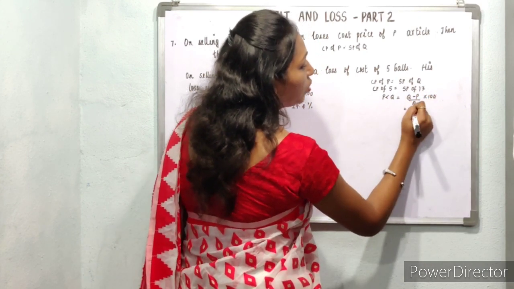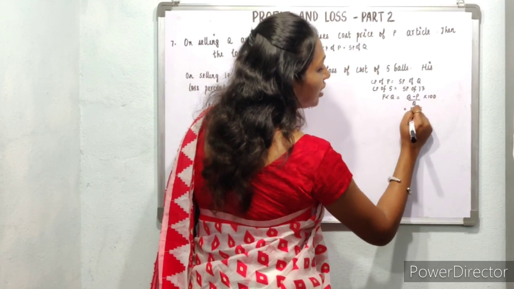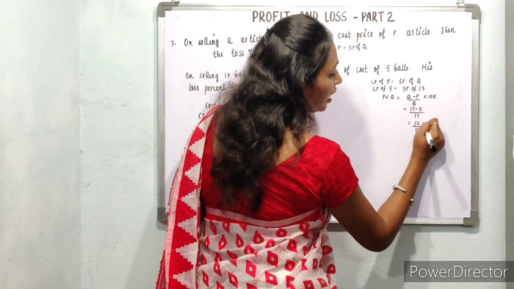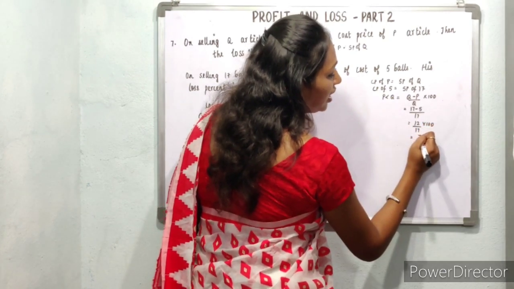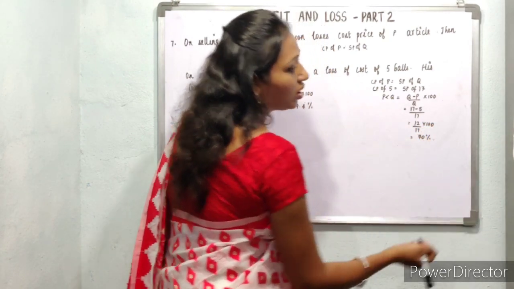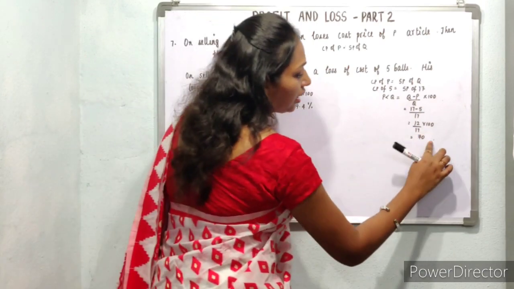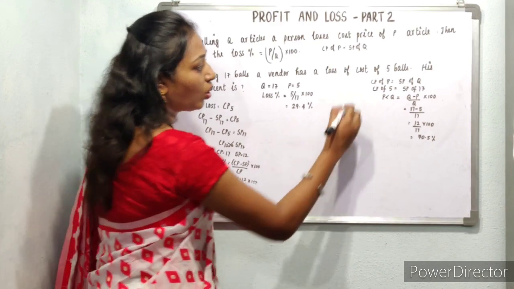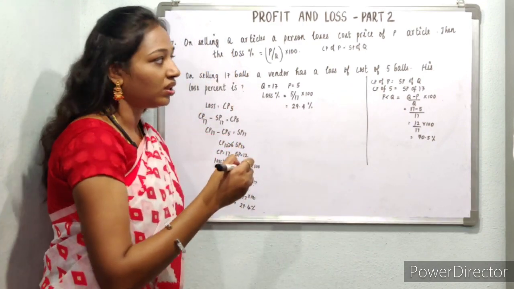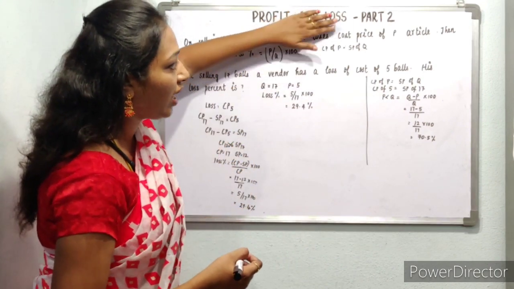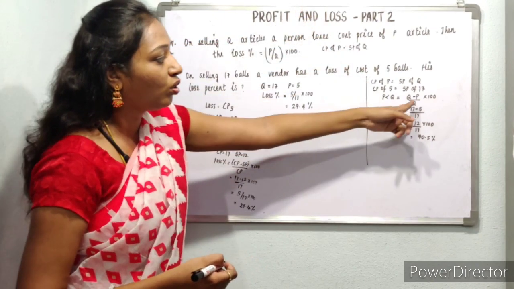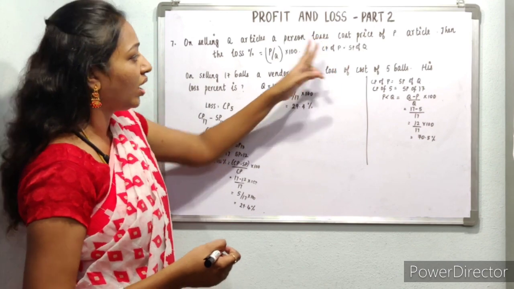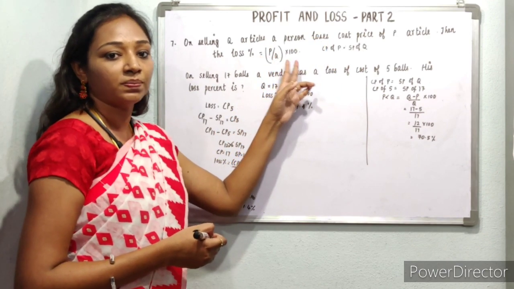Now substitute the values: 17 minus 5 divided by 17, we have 12 by 17 into 100. So we'll have nearly 70% loss. I think exactly it is 70.5%. Okay. So now I think you can find the difference between these. Remember this: when you don't have the word loss here, you go for this problem. But when you have the word loss here, then you have to go for the other problem.